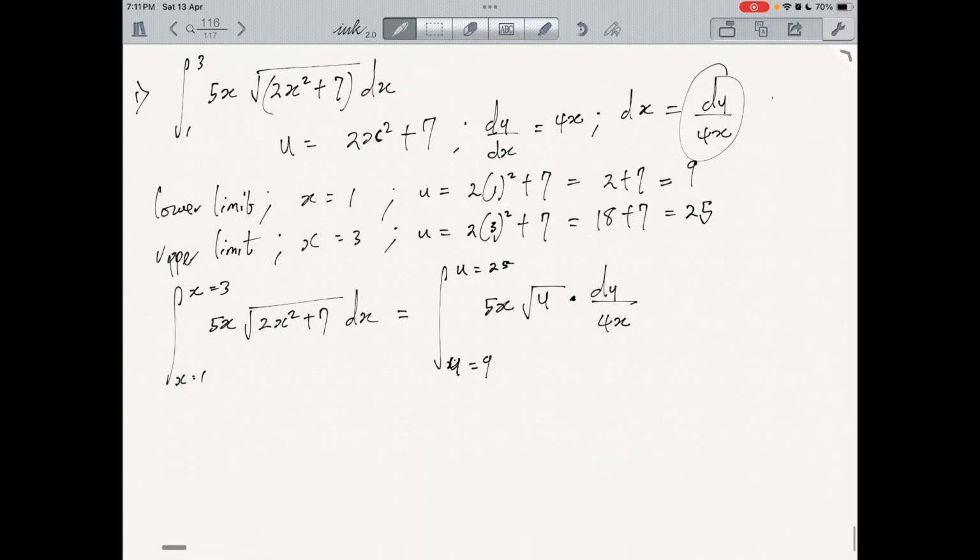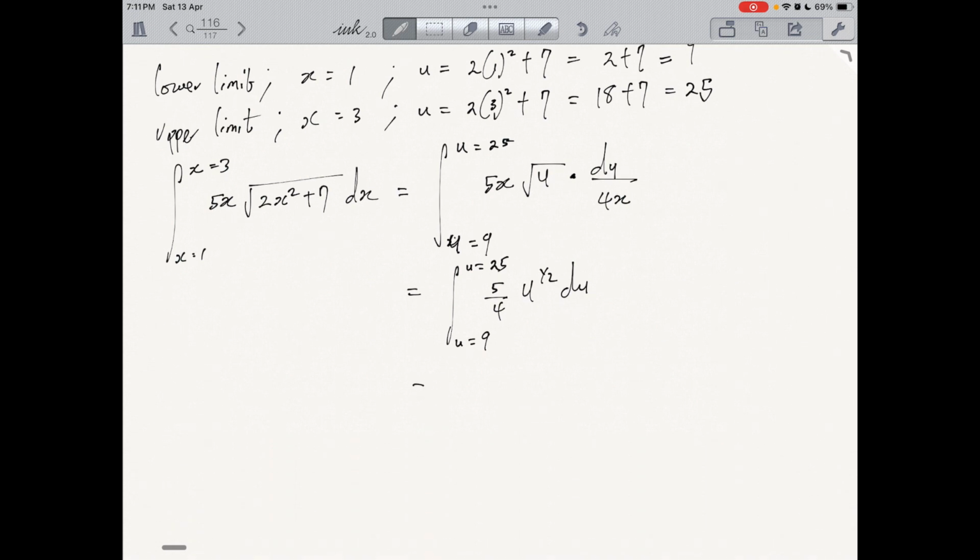Now with this done, we can now integrate as u goes from 9 to 25, and we'll be left with 5 over 4 u raised to power half du.